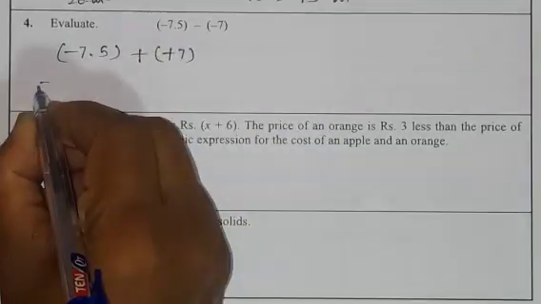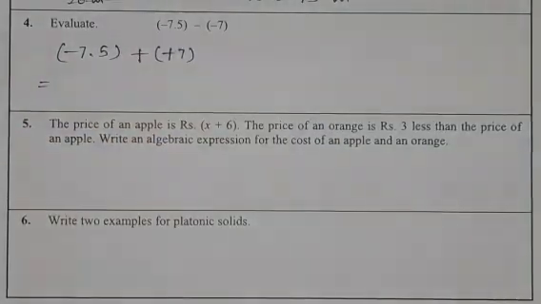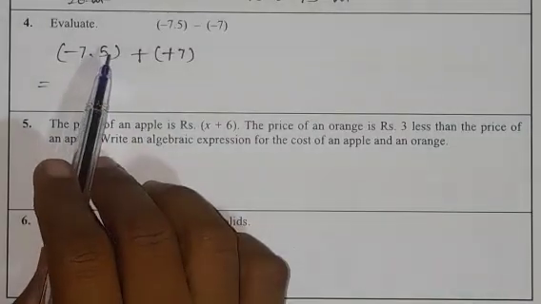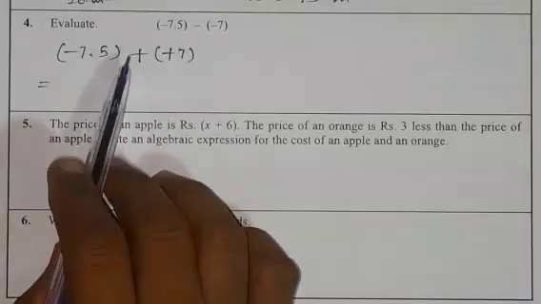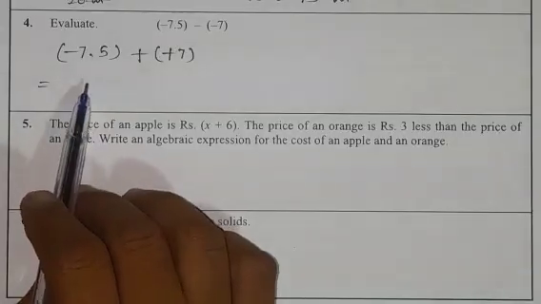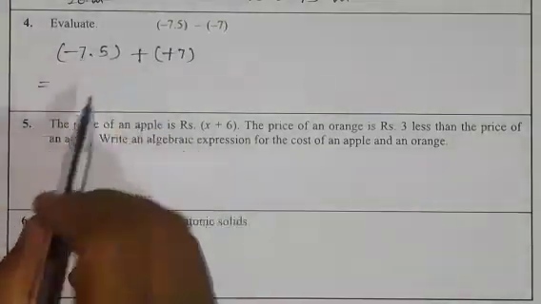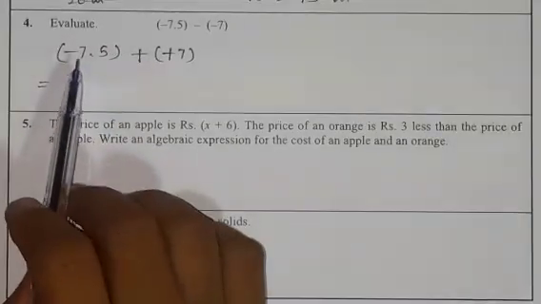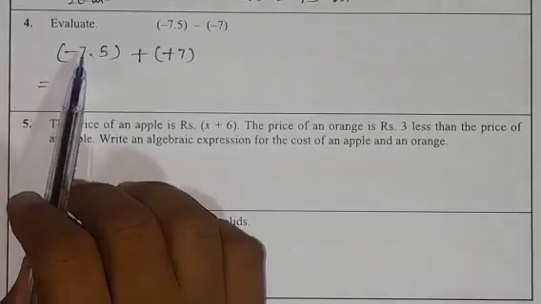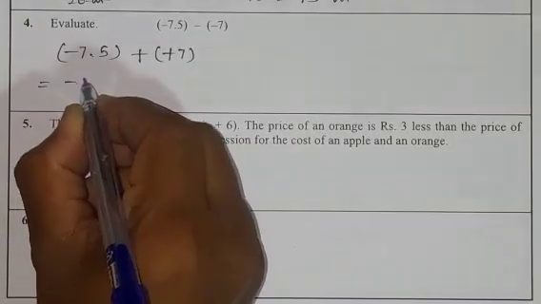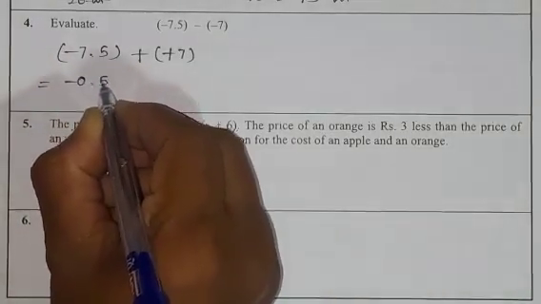Now we want to do the simplification. What is the difference of the two magnitudes here? The magnitude is 7.5 here, 7 here. Then the difference is 0.5. Then the sign becomes negative, as the largest magnitude is with the negative sign. So the answer is minus 0.5.